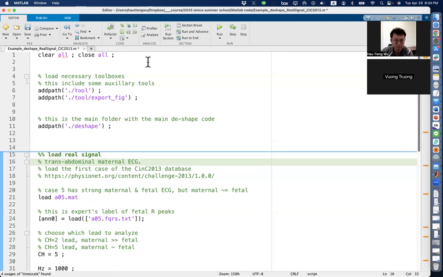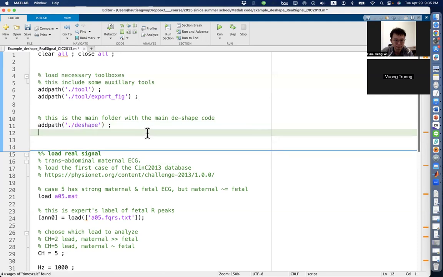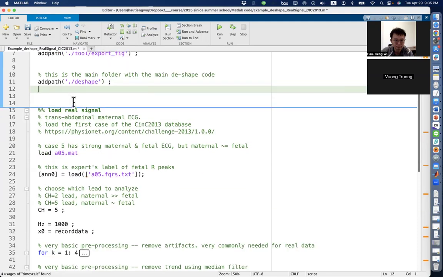Like before, in the very beginning, we will clear all the parameters and close all the figures, and then load the necessary toolboxes. The Dshape folder is the main folder for the Dshape algorithm. Then we will load the real signal.